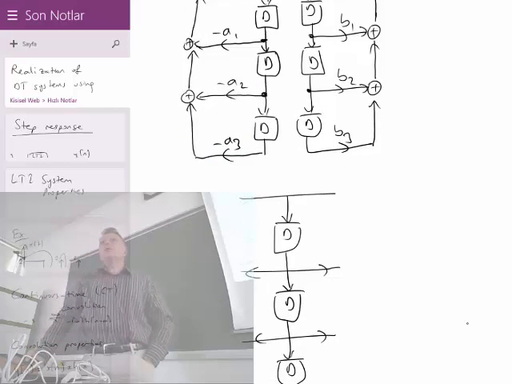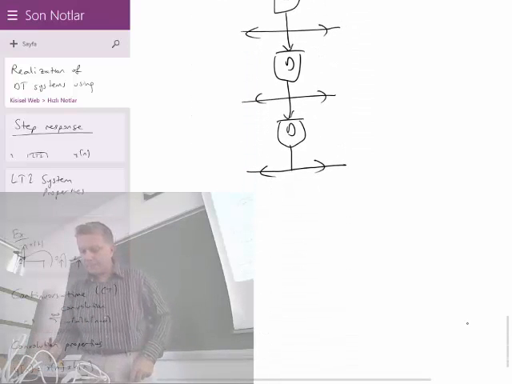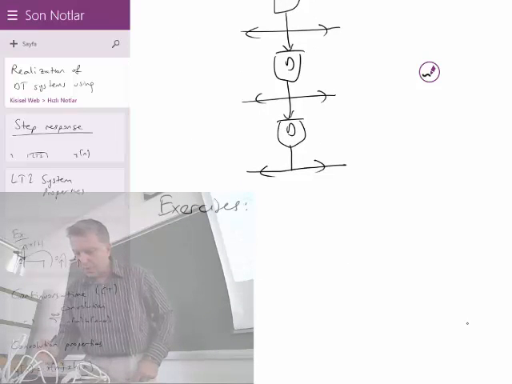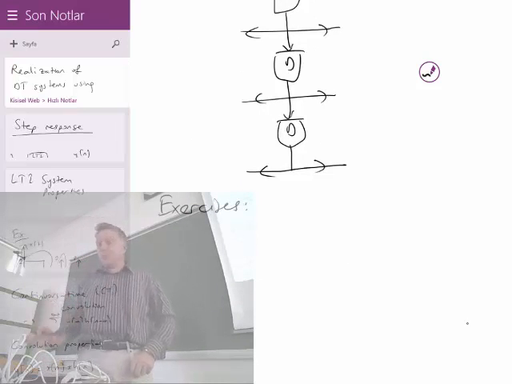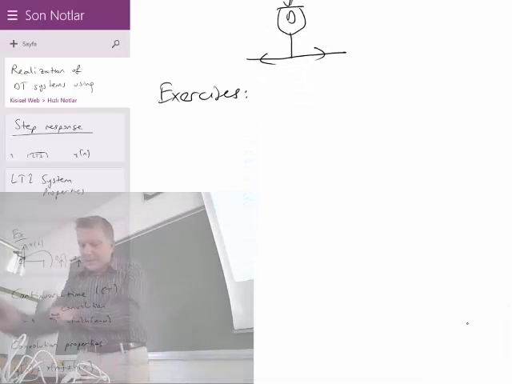Now I'm going to ask you 2 exercises for tomorrow. Try to draw these 2. What would happen in those cases? Because they are very confusing. One of them is this.